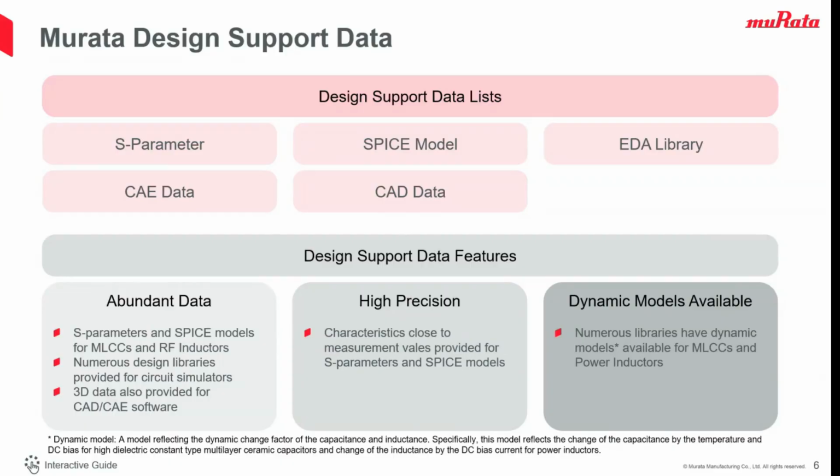It's measured on performance and not just ideal values listed in the spec. And then dynamic models are available so you can model for real operating conditions and not what's on a spec. Things like capacitance changing with DC bias or inductance changing with current are actually reflected in the data and then put into our SimSurfing software. So instead of static data sheets, you're working with more dynamic information.